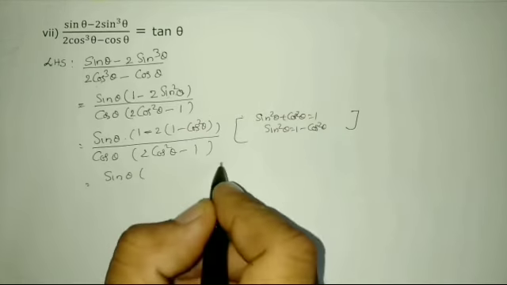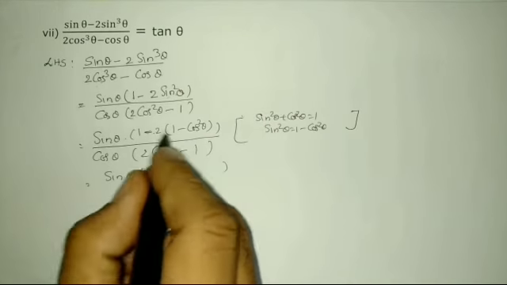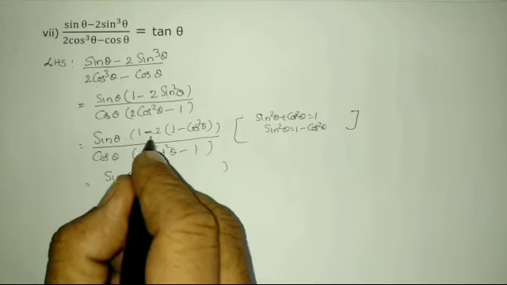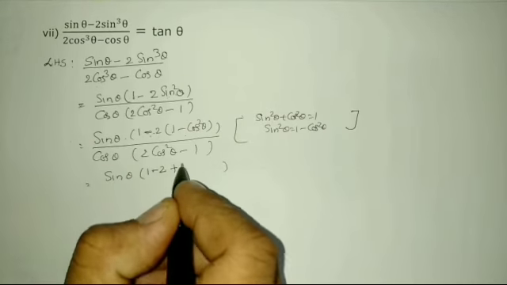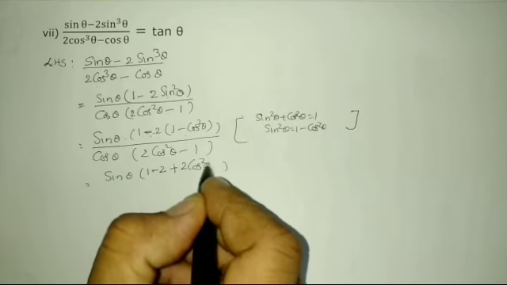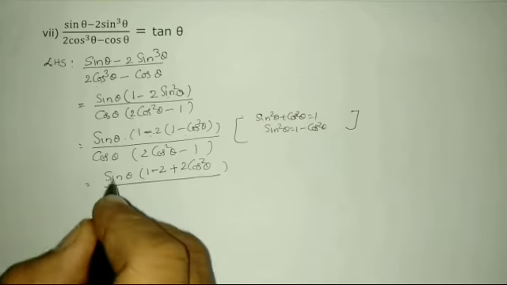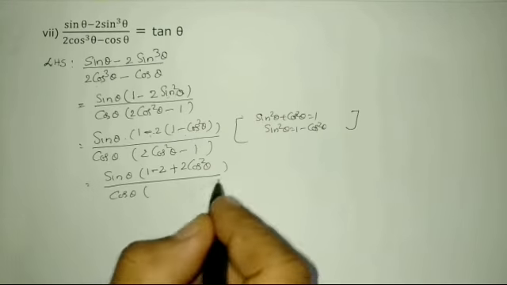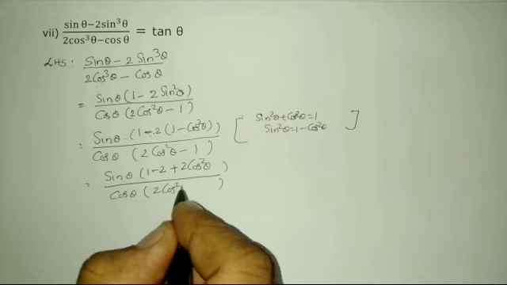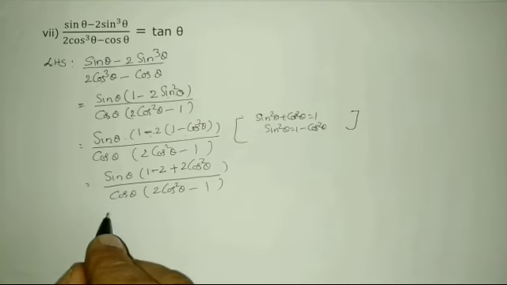So sin theta into 1 minus 2 plus 2 cos square theta by cos theta into 2 cos square theta minus 1.